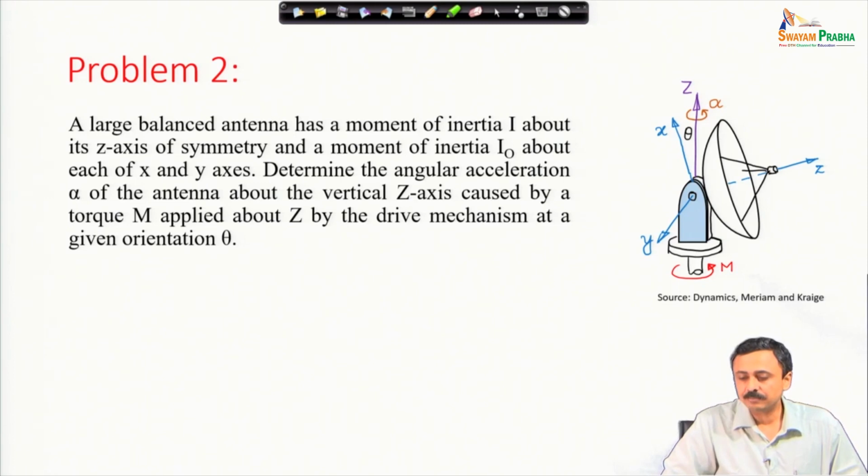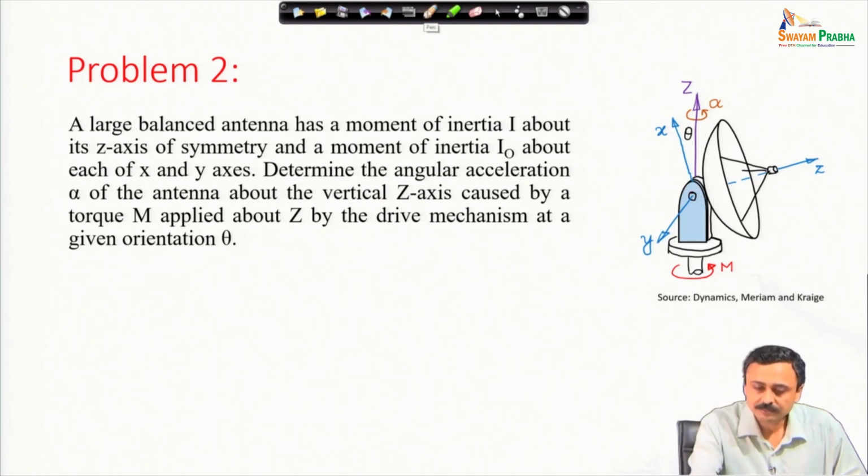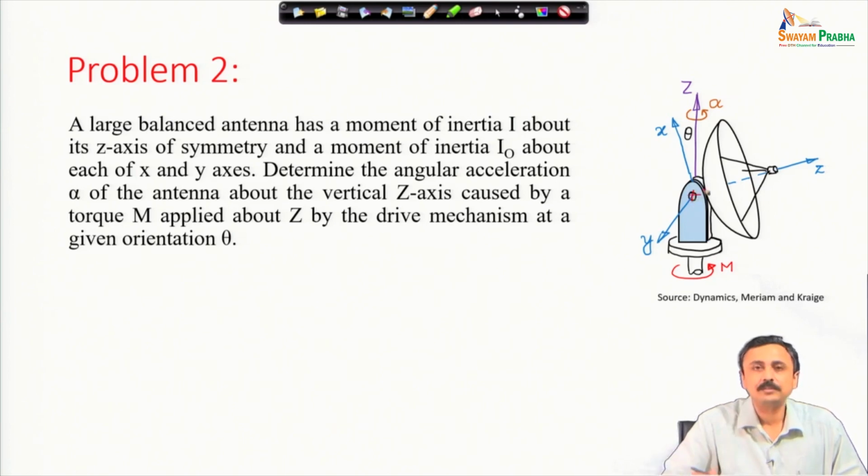You must have seen antenna of this type used in television transmission or receiving television signals, or in radio telescopes. In telescopes also we have these kinds of antenna, or for communication. This balanced antenna, by balanced antenna I mean that the center of mass is located at this point.